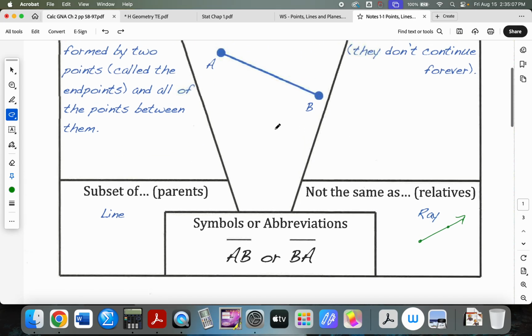So this segment up here, we could call it segment AB, or we could call it segment BA. It doesn't matter which order we say them in. We're just saying it's all the points between A and B, which means they're all on that one piece of a line. All right, let's go on to page 2.